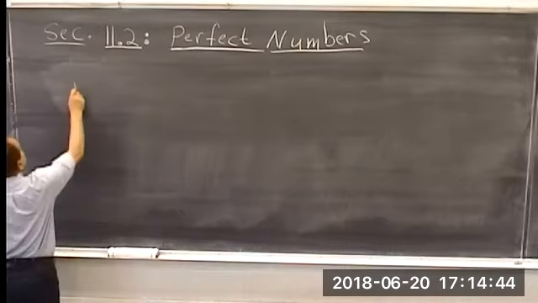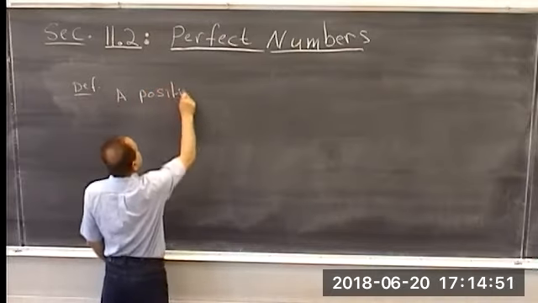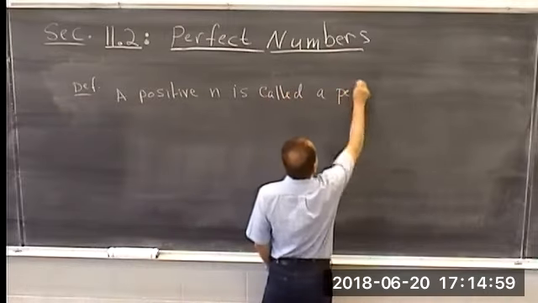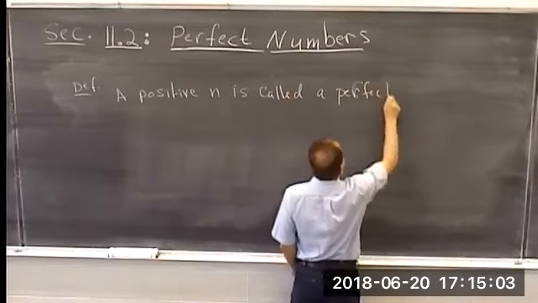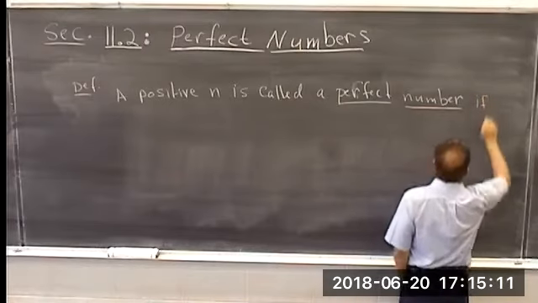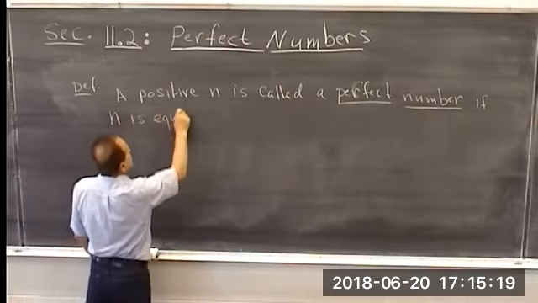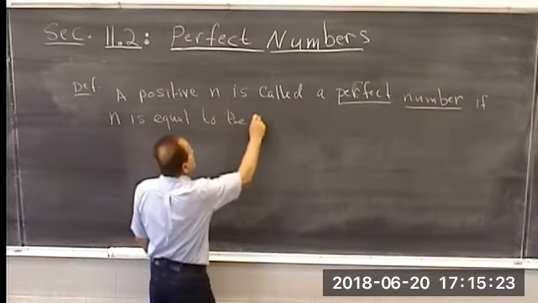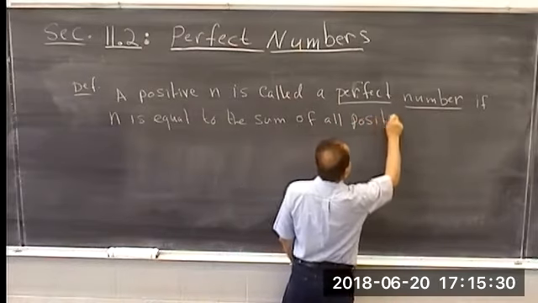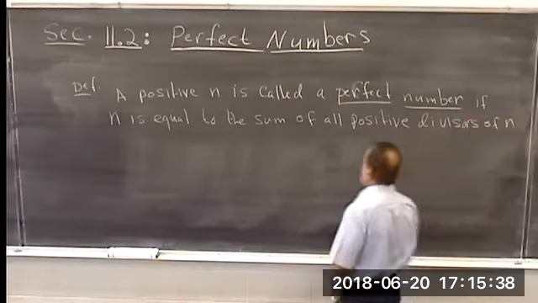So here is the formal definition. A positive number n is called a perfect number if n is equal to the sum of all positive divisors of n except n itself.